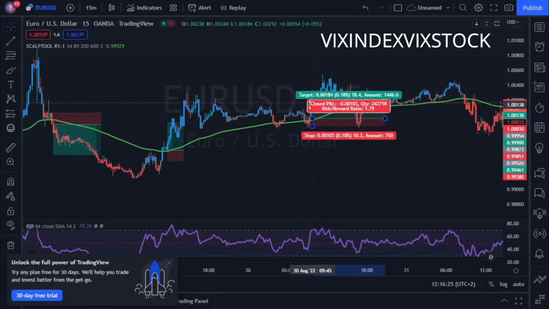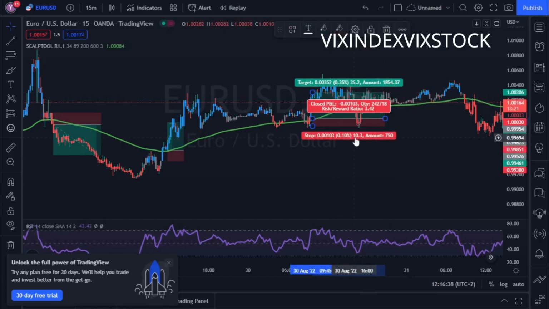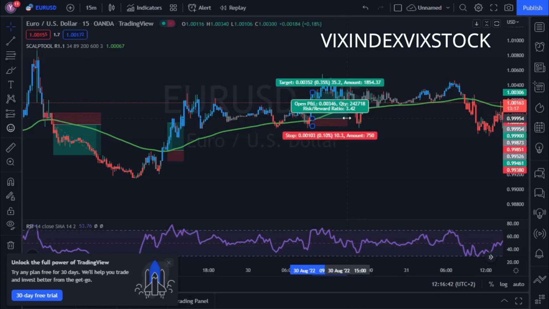And then we are also looking at our ratio. Where am I reading my 1 is to 2? Something is wrong with this calculation. Oh, here it is, risk to reward, here it is.